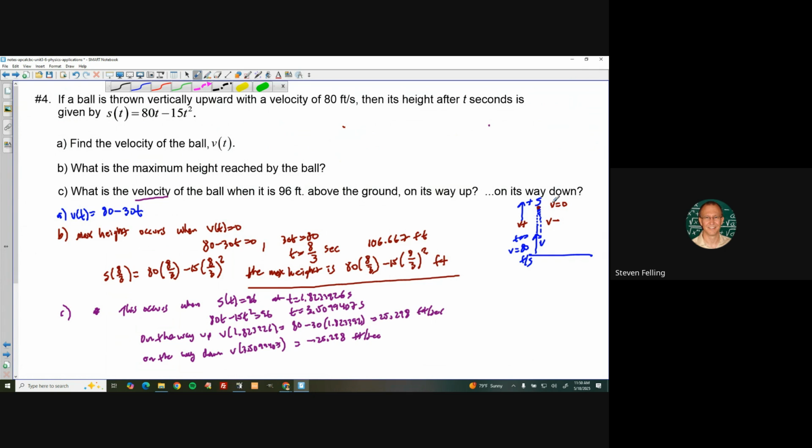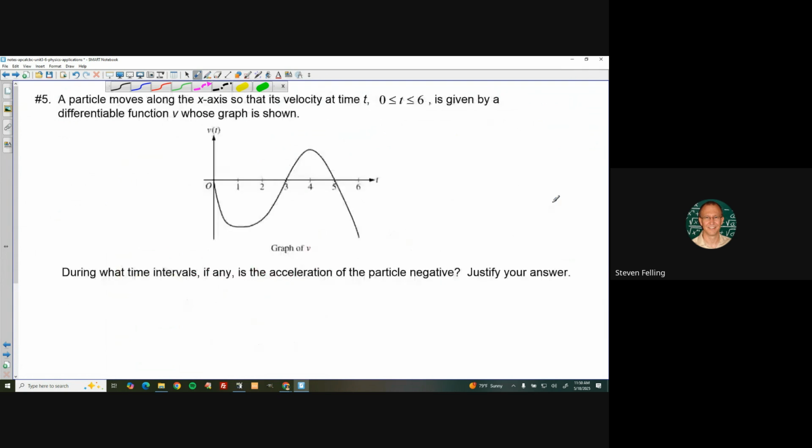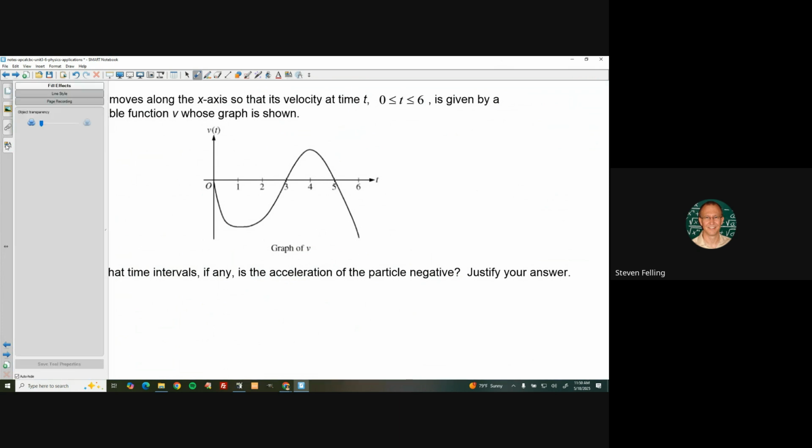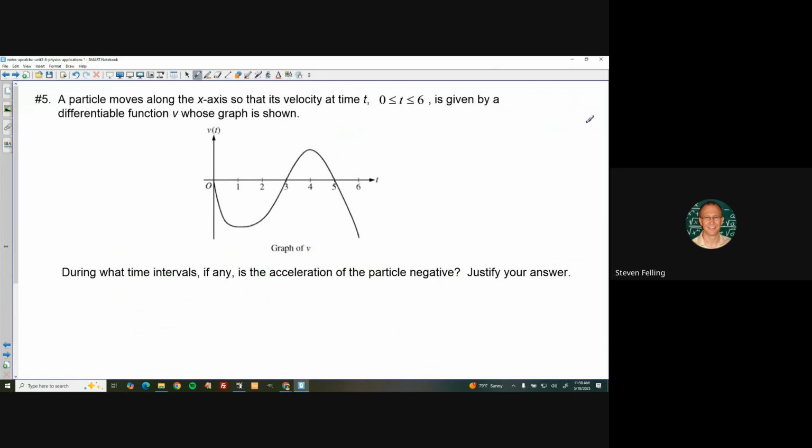All right. And then one last example here. A particle moves along the x-axis so that its velocity at time t between 0 and 6 is given by a differentiable function v, we're only given the graph of the information here. Determine what time intervals, if any, is the acceleration of the particle negative.